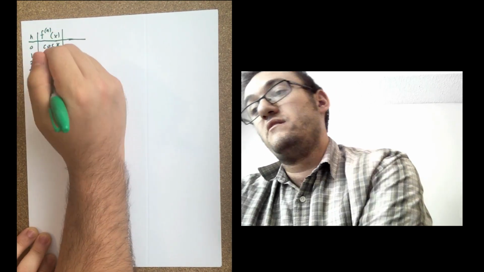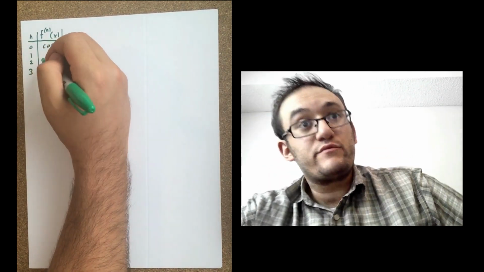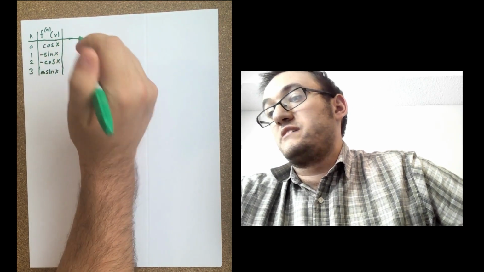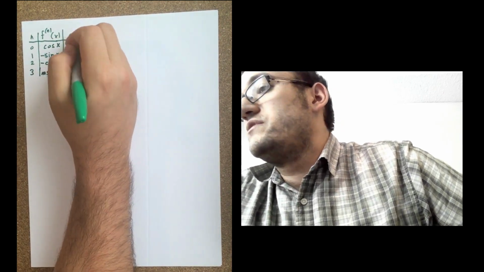We have cosine x as the 0th derivative, which is just the value of the function itself. Minus sine x is its derivative. Minus cosine x is the next derivative, and positive sine x is the next derivative.